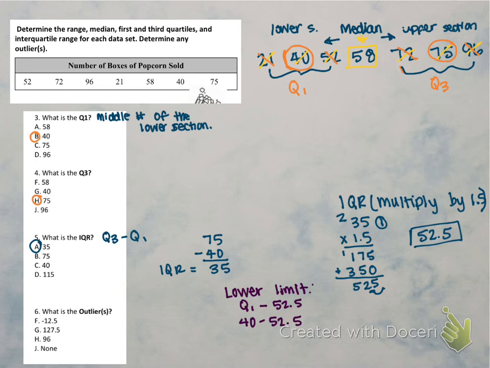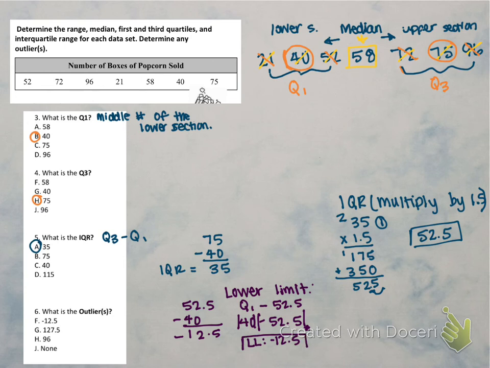Okay, so we see that this is a bigger number, which means we're going to get in the negatives. So when we subtract, we put the bigger number on top, smaller number on bottom. That's 0.5, that's 2, that's 1. And then which one has the greater absolute value? Does negative 52 have the greater absolute value or 40? Negative 52 wins, so this is a negative. So your lower limit, LL, is negative 12.5.